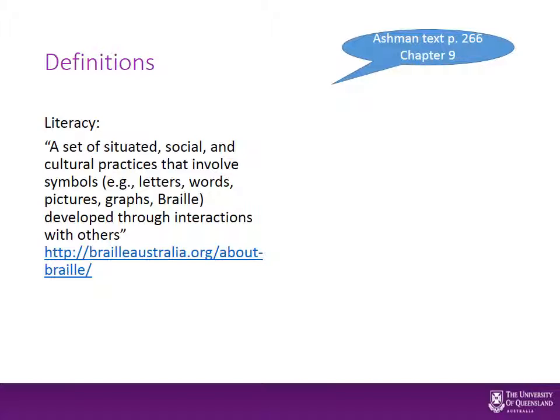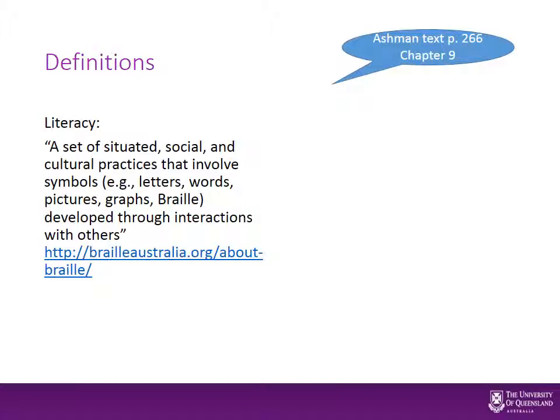There are other definitions that are worthy to explore. So there's the Ashman text that's referred to in the references. So that's the book about education for inclusion and diversity. There's a whole chapter in this section, and that chapter was written by Christa van Kraanwoord, and it's her area of expertise, and it's worth having a good look at.